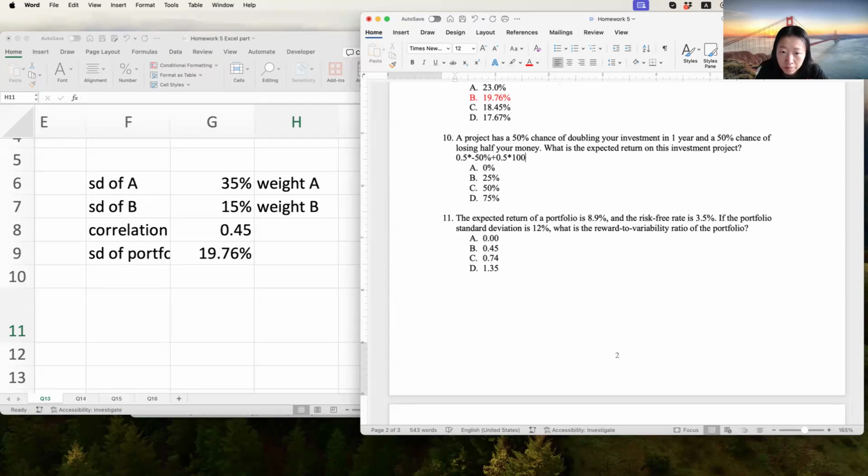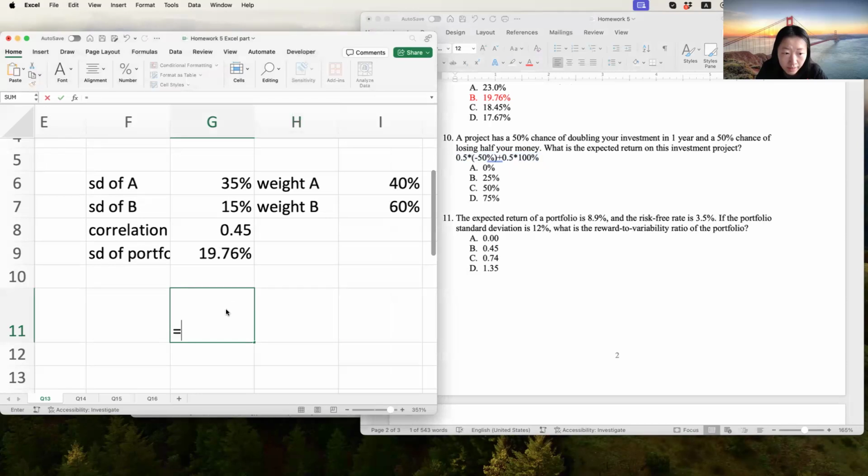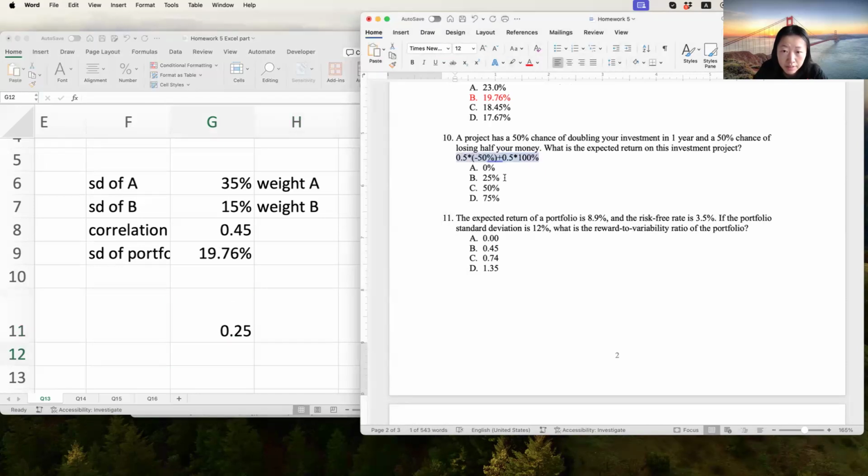Doubling is a 100% return. I'm going to copy these into Excel. So 25% will be the expected return of the investment.